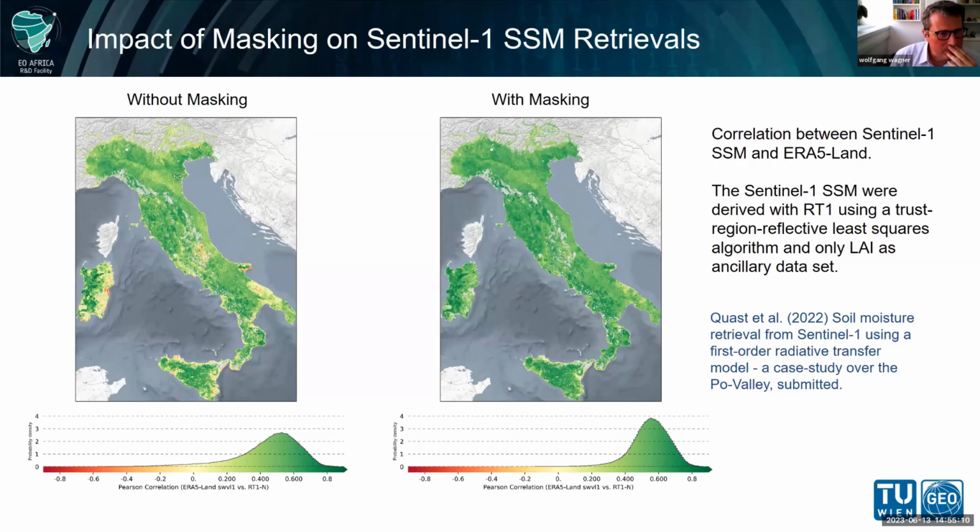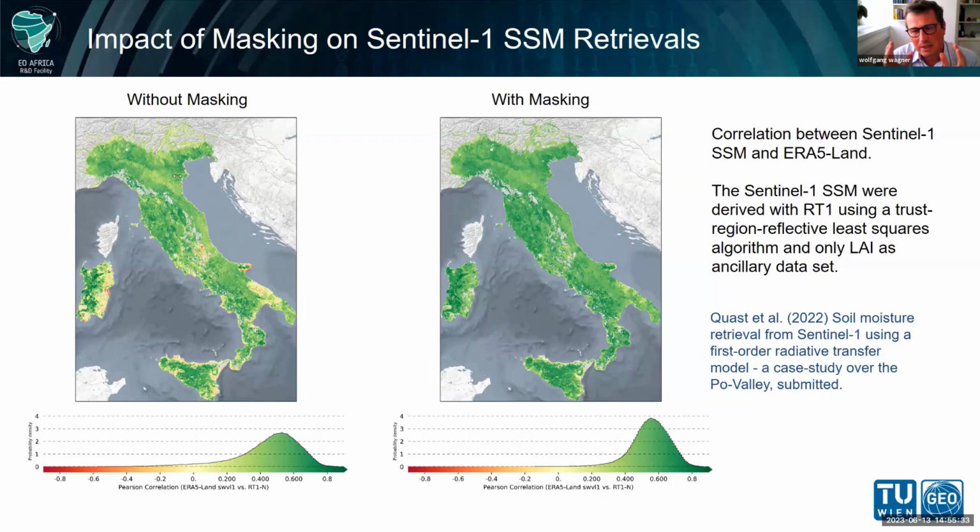I see there's another question. How can we use data from SAR to distinguish between surface soil moisture and root zone soil moisture? Well, I don't think that you really can use SAR to distinguish between surface soil moisture and root zone soil moisture.